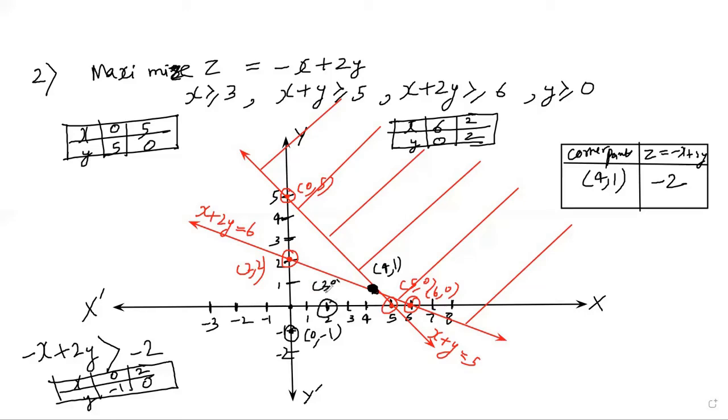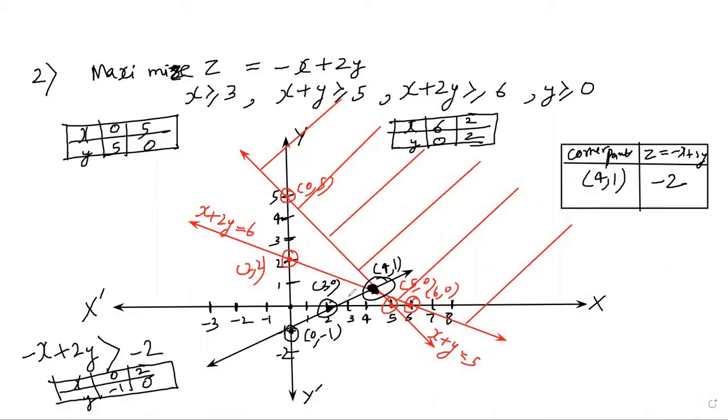Now if we join these two, then when you do it on the actual graph, you will find that this will pass through the point 4, 1. You can see that the line is actually inside the feasible region.